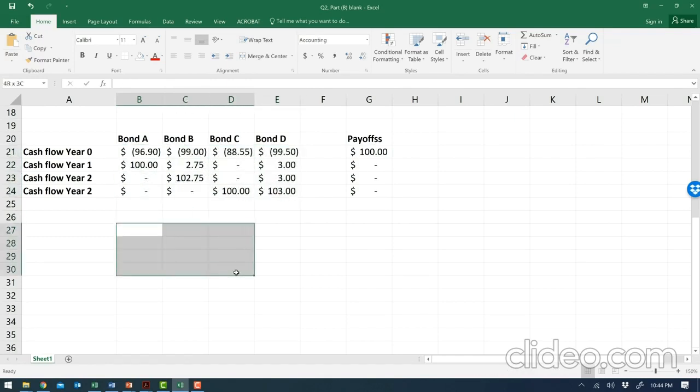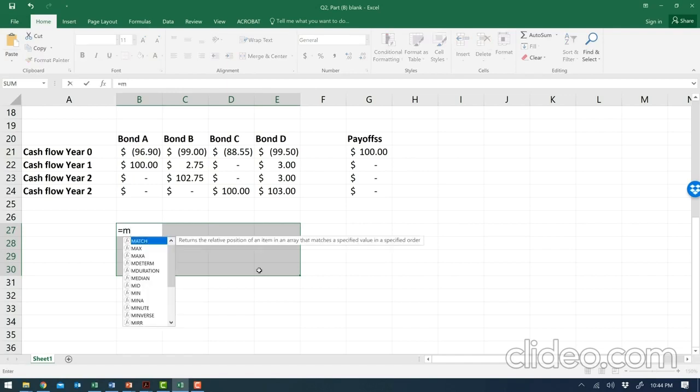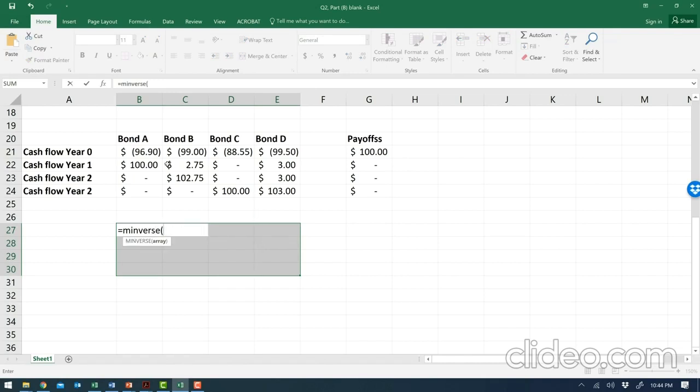To do this, first I have to pre-highlight the location where I want these numbers to be inputted by Excel. And then I'm writing the function, MINVERSE, and then I'm selecting the array where I inputted these numbers.